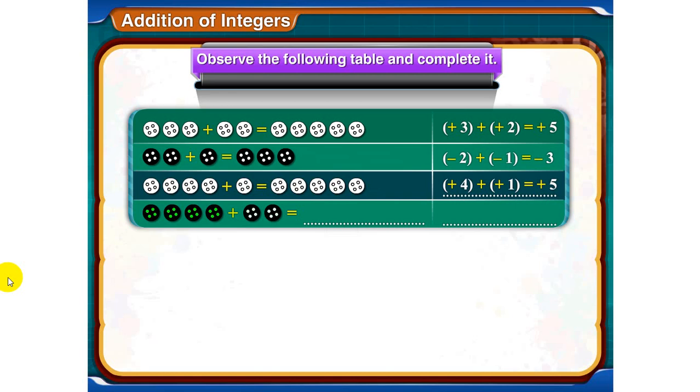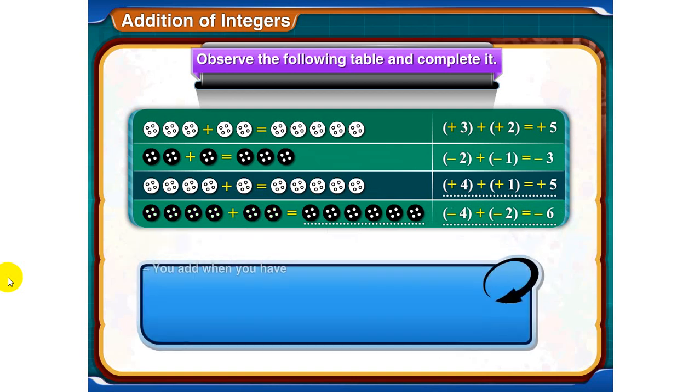4 black buttons plus 2 black buttons is equal to 6 black buttons. It represents as -4 plus -2, that is equal to -6. You add when you have 2 positive integers like +3 plus +2, that is equal to +5, that is 3 plus 2.